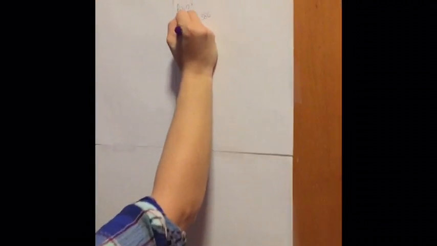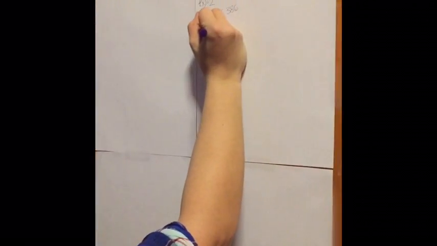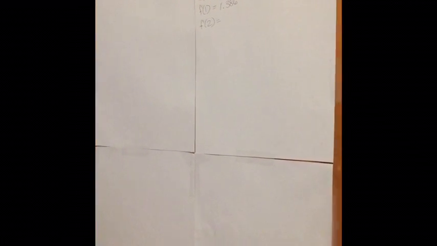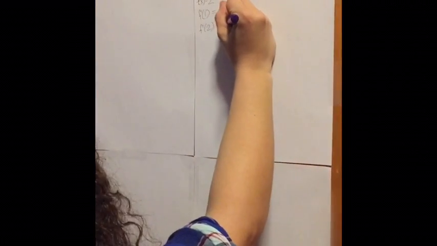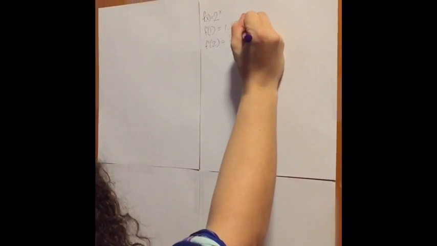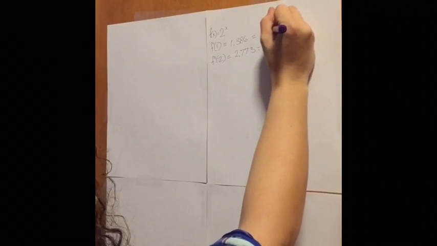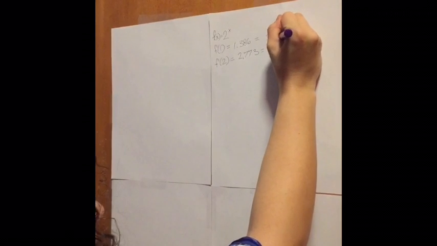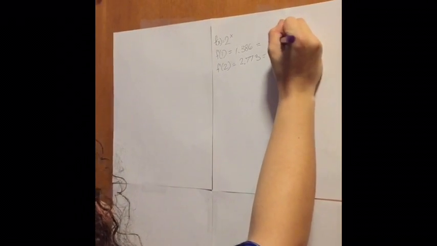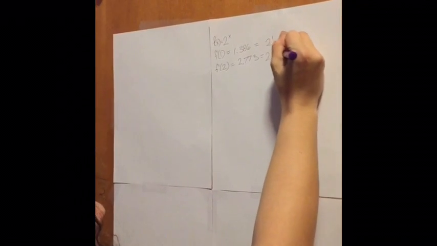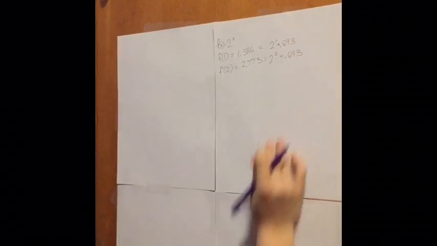So let's see what happens if you take the slope of 2 to the x at x equals 2. Well, then you get 2.773. This is 2 to the 2 times 0.693.